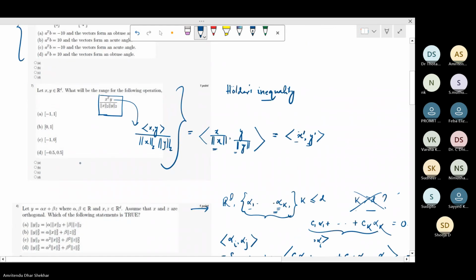Given two unit vectors, alpha and beta, what is the range of values of this guy.